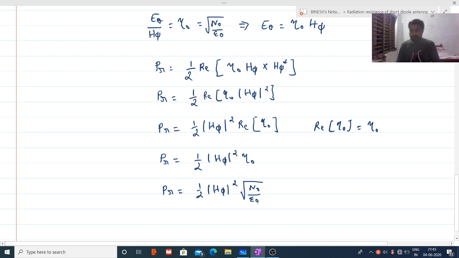But in general, the total power radiated by the antenna is given by W, which is nothing but the surface integral of P average into ds.